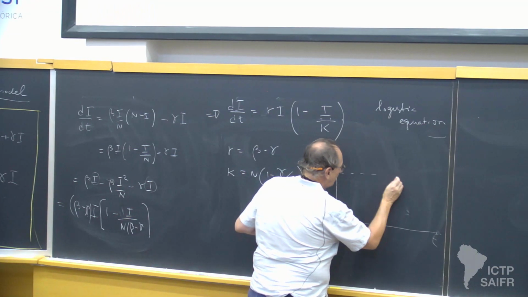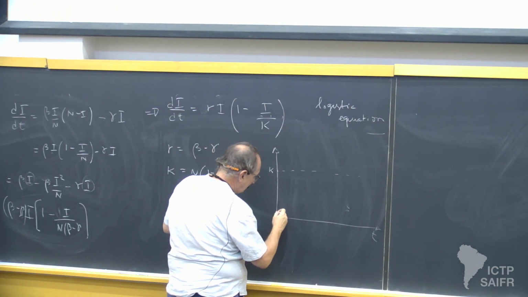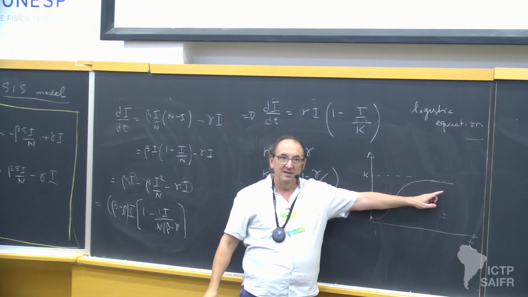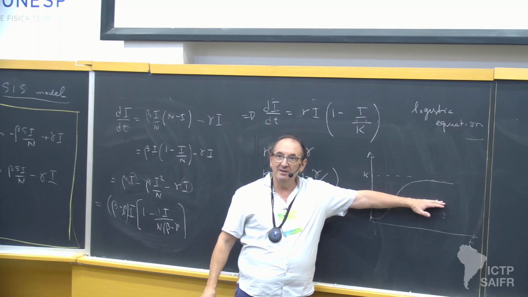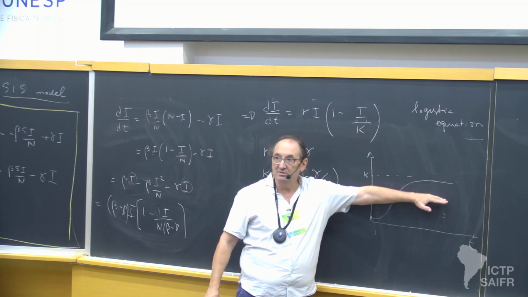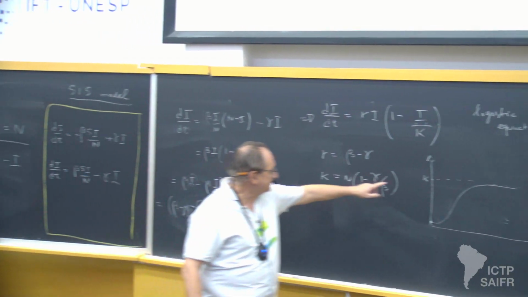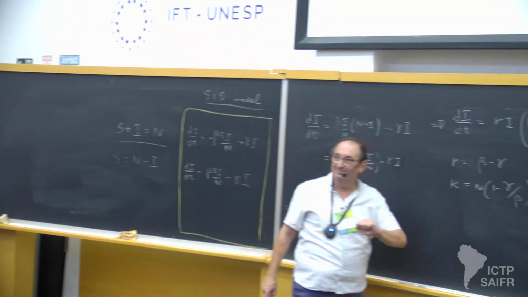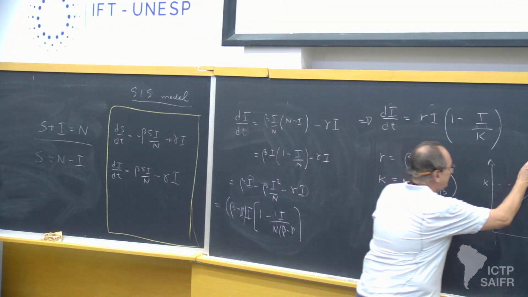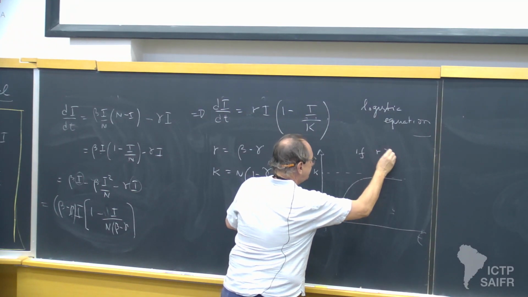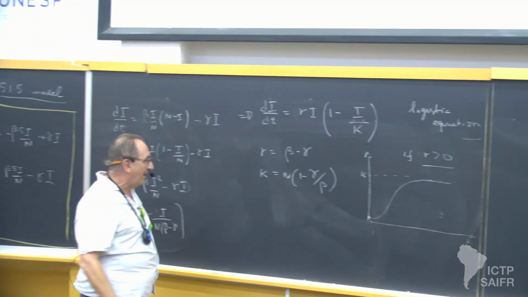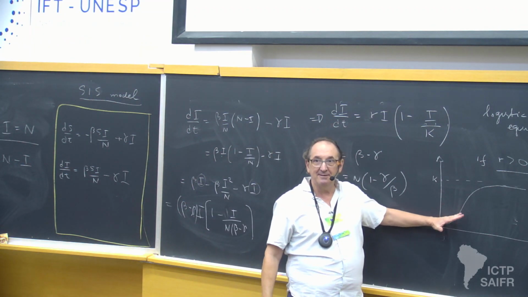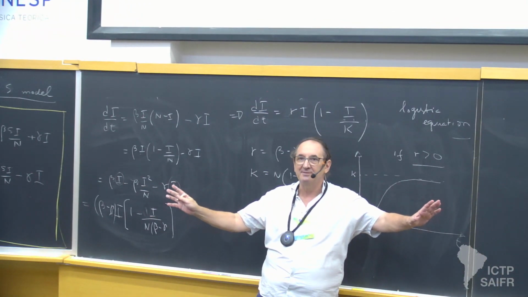Then your number of infectives increases, and after long enough time, this number goes to a constant, which is K, given that r is positive. Now, if r is negative, that means the initial population will decrease. You have no epidemic at all.